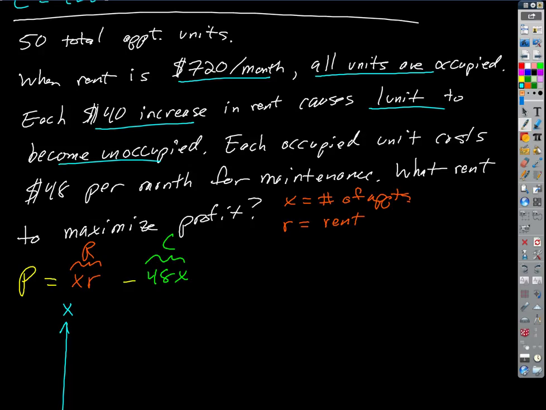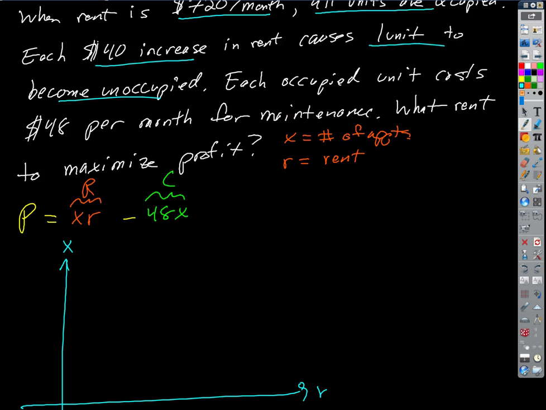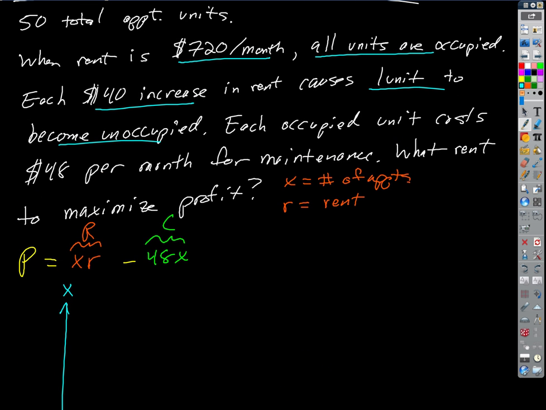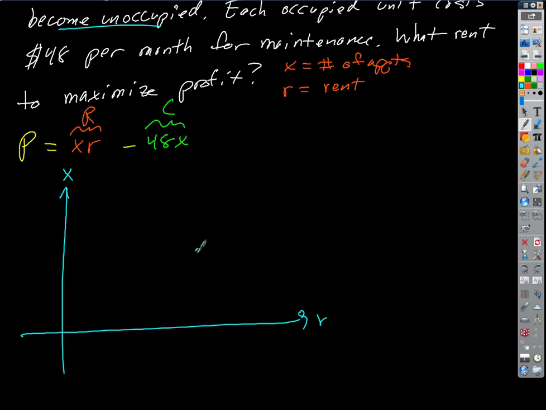Is it 0? Because R stands for rent, what would be 720, 50? 720, 50 would be a point, wouldn't it? So I've got one point out here somewhere at 720, 50.